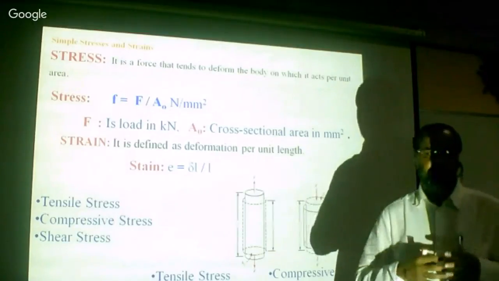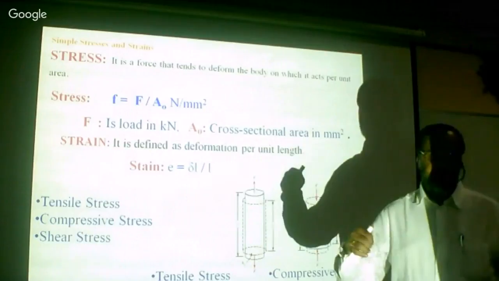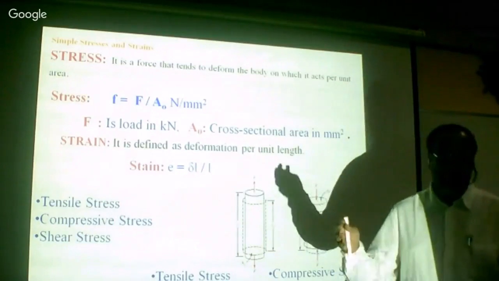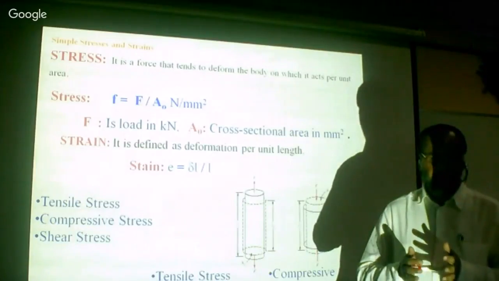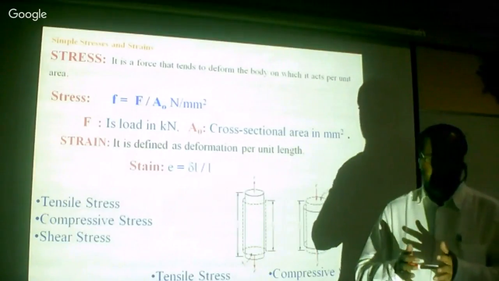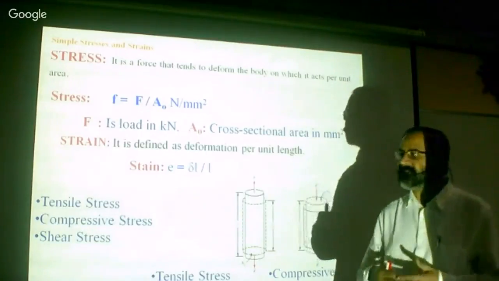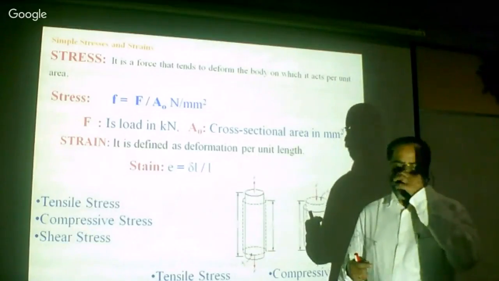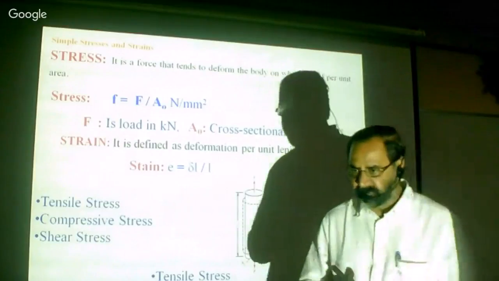When we apply the load, the body gets elongated, and the stress induced in the material is a tensile stress. Similarly, when you apply a force and the length of the material gets reduced, the force applied is a compressive force, and the stress induced in the material is a compressive stress against the compressive force.